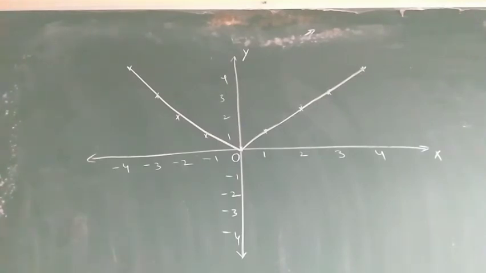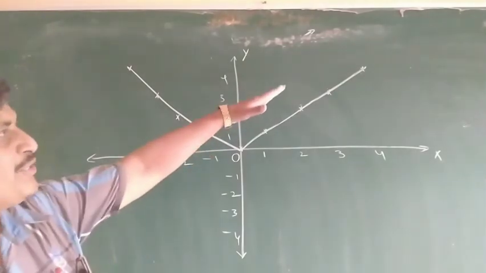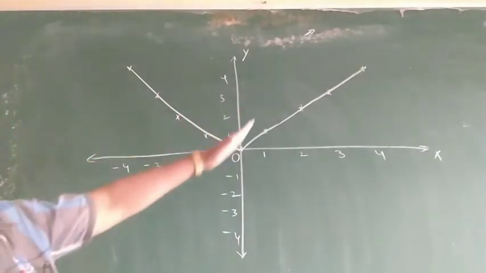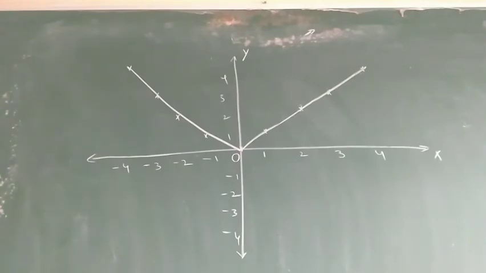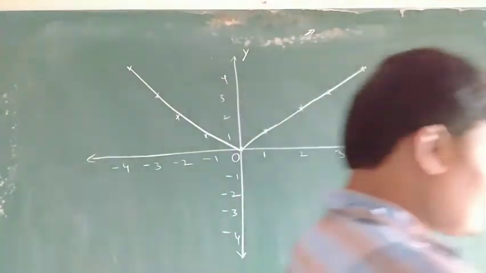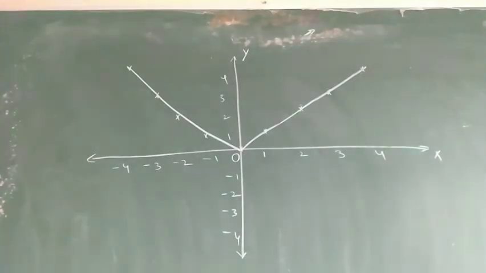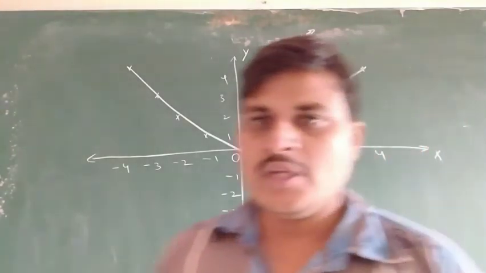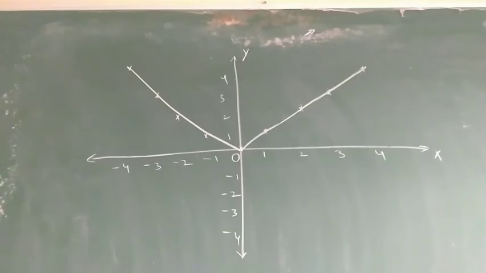Okay. You have to draw correctly, neatly, by using the scale. This is V, exactly V. Okay.